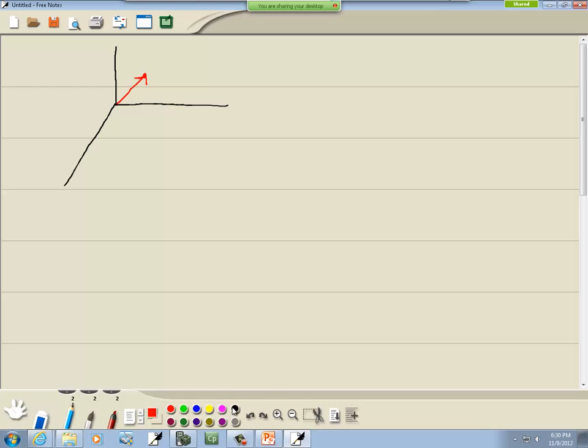Well, there's a certain angle that it makes with the x-axis. That right there would be your alpha. And there's a certain angle it makes with our y-axis. That's our beta. And there's a certain angle that it makes with our z-axis. And I believe this is gamma.